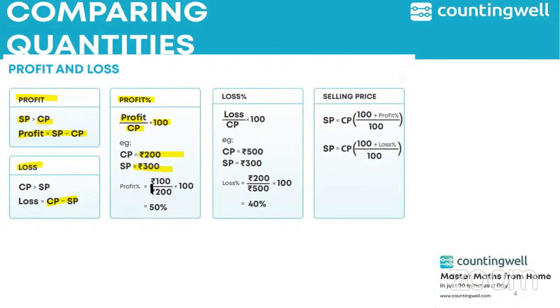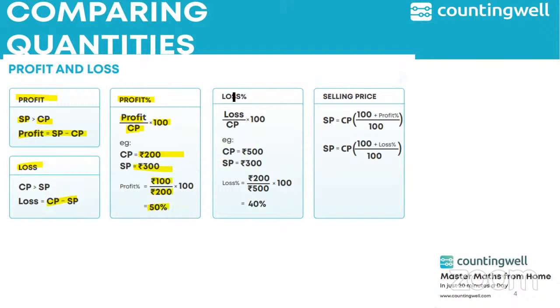So profit percentage will be the difference of cost price and selling price. So here we have done selling price minus cost price, which is 300 minus 200, which is equal to 100. And the profit or the loss are calculated on the cost price. That's why we are taking cost price in the denominator. So we have 100 upon 200 into 100, that is 50%. So the profit is 50%.